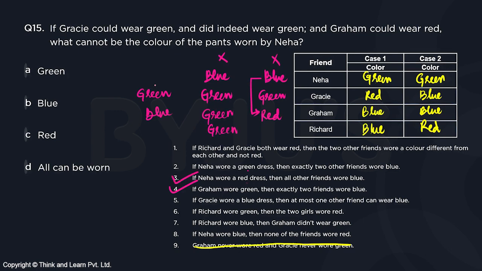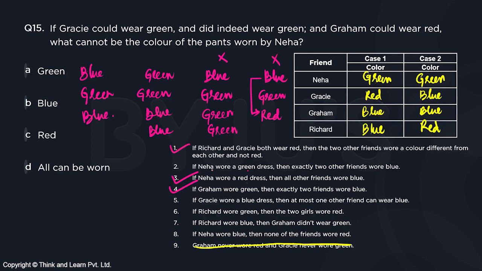That means Neha will not wear a red dress. Neha will wear either a green dress or a blue dress. Okay, these are two possibilities. Now, if Neha wears a green dress, then exactly two other friends wear blue. So Richard will be blue. So we can have this green, green, blue, blue.